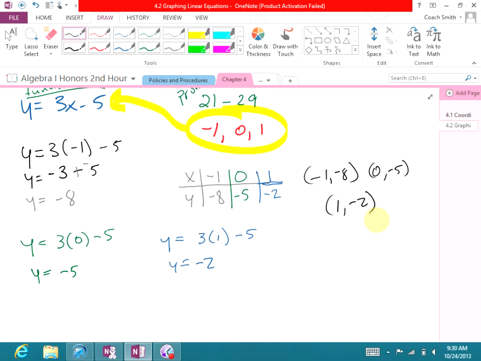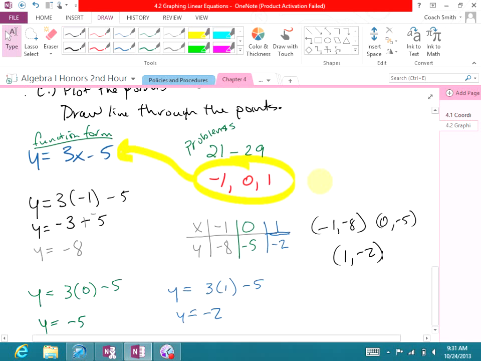Now, I want you to also use those values for problems 36 through 51. Now, that doesn't mean we're doing all of those problems, but any of the problems I assign from 21 through 29 and 36 through 51, I want you to use -1, 0, and 1.